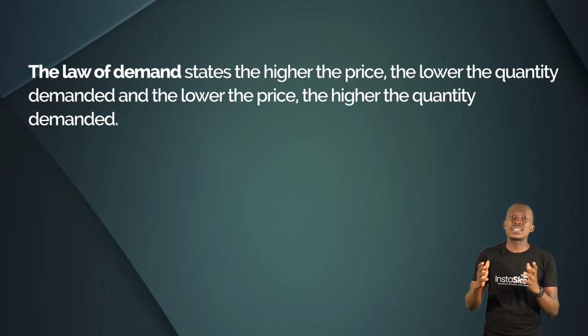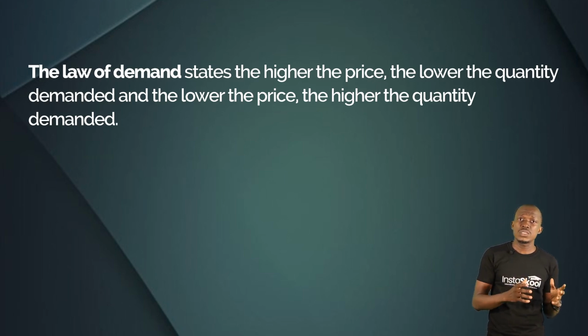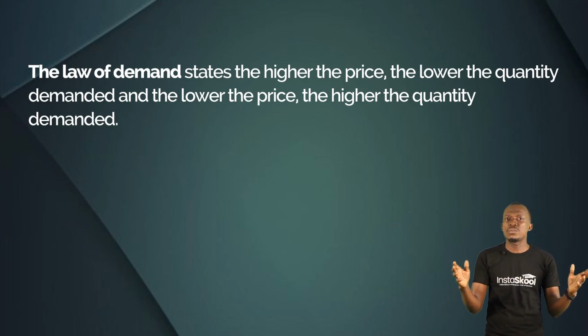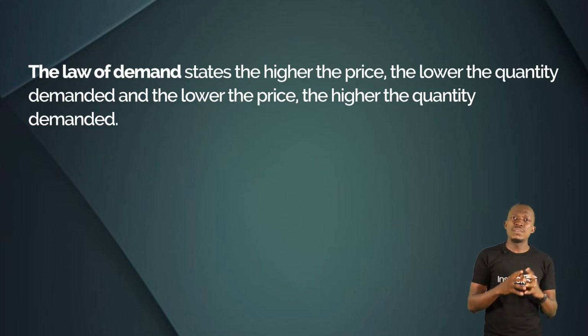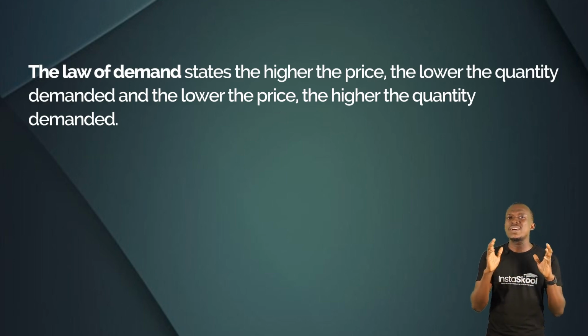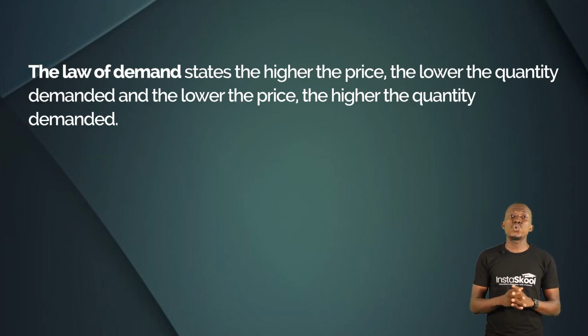And when it starts getting expensive, some people will reduce their quantity or just stop buying the commodity at all. So, human behavior, human rationality is in line with the law of demand. And this law of demand causes our demand curve to slope downward from left to right.